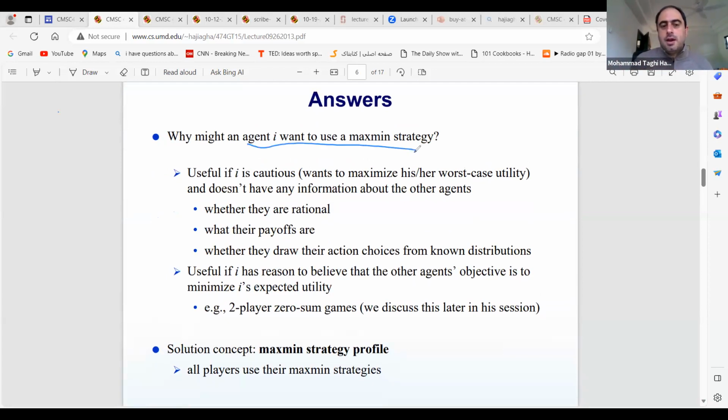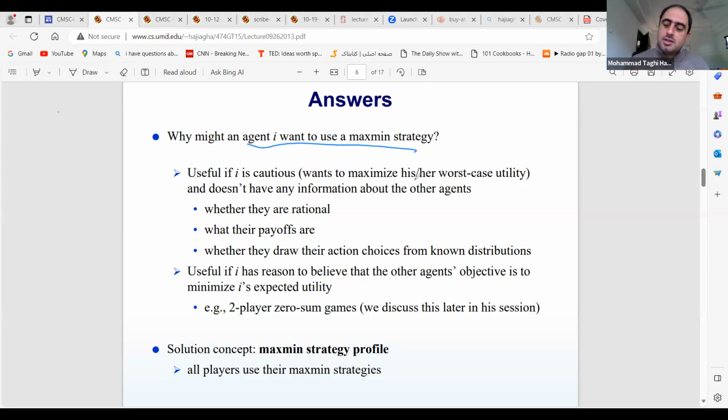Of course, if I is very cautious, it somehow does not want to take the risk. This is the guarantee that we call a security level. If I don't have any other information about the others, I want to make sure that my security level is as high as possible. It might not be the best case, but I will not be in the worst setting, essentially.